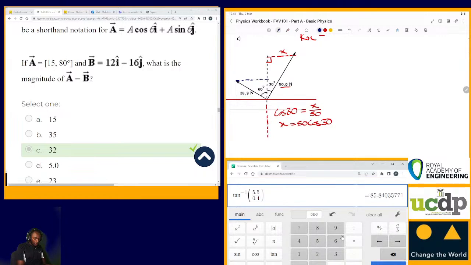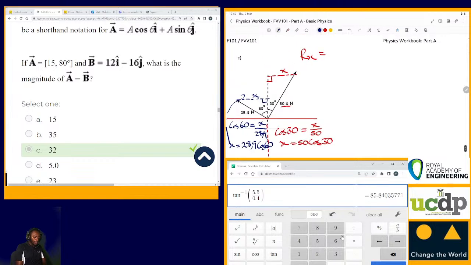If we close there, right? Our angle is 60, so cos 60 equals our adjacent, which is X, over what we're looking for, 28.9. So our X is equal to 28.9 cos 60, right? That is for this X.